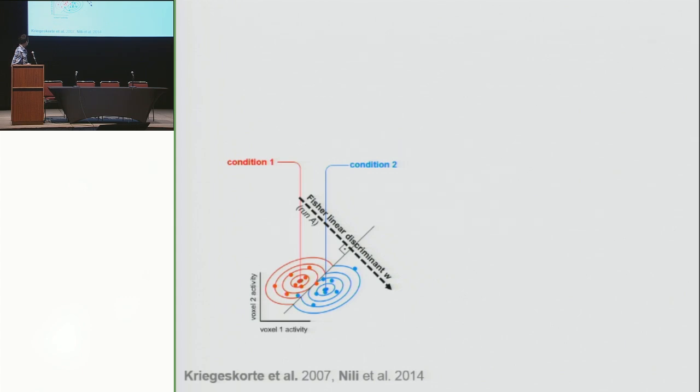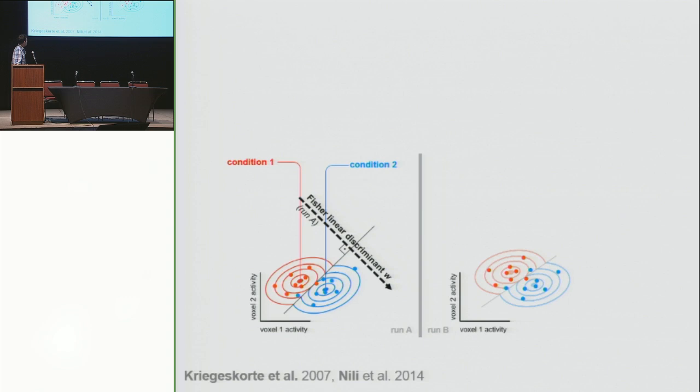Now, recall that it's not enough to just look at the separation of these two clouds of points on this discriminant because of the bias, because of the overfitting of the discriminant to this data set. So what we usually do in pattern decoding analyses is we take a separate data set, I've called it run B here, and in the separate data set we've got replications of these measurements for these stimuli.